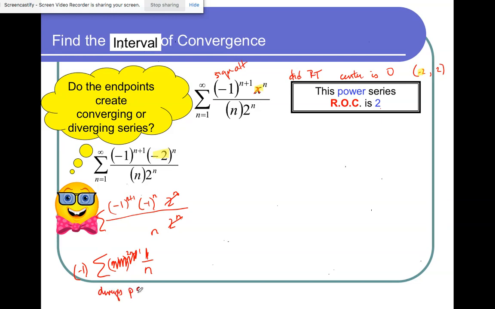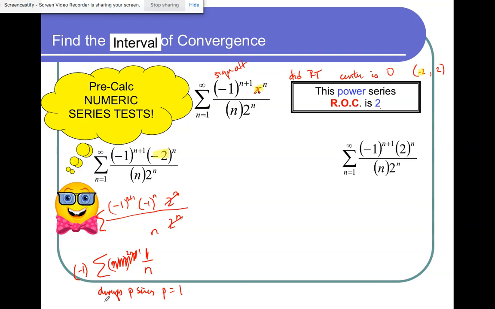Diverges because it is a p-series where p is equal to 1. And if my p-series diverges, -1 times a divergent p-series is still going to diverge. So what does that say about the bracket on -2? It's going to stay open, right?